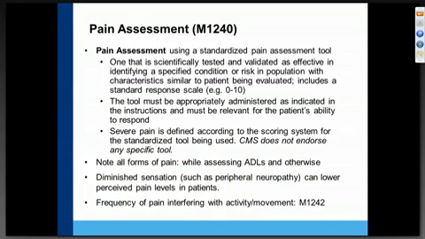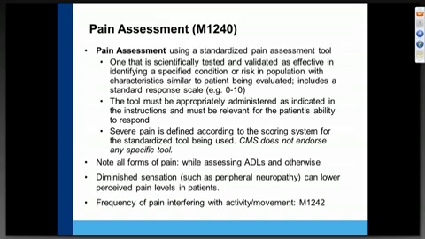The pain assessment, I have a little bit more information on completing this in relation to OASIS, but we need to use a standardized pain assessment tool that's scientifically tested and validated. And typically we use the 0 to 10 scale. The FACES scale is sometimes helpful in patients who may have some cognitive limitations or who respond better to it.